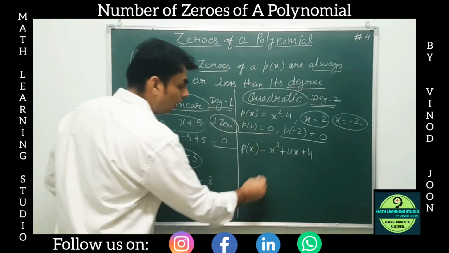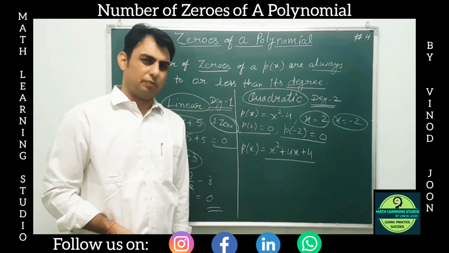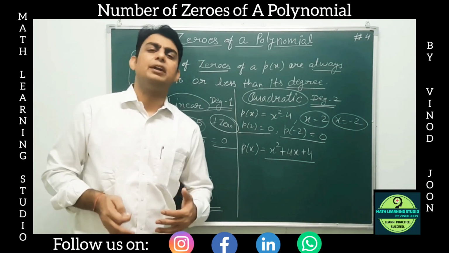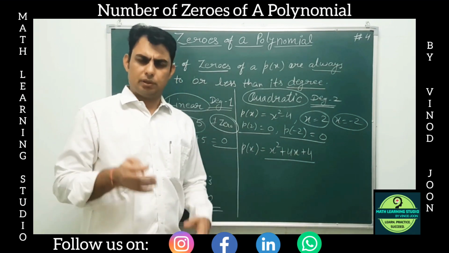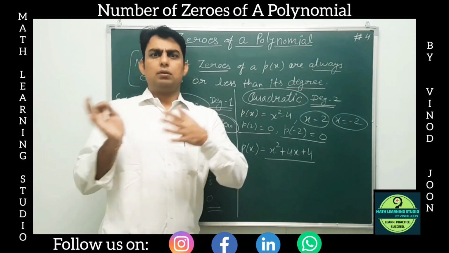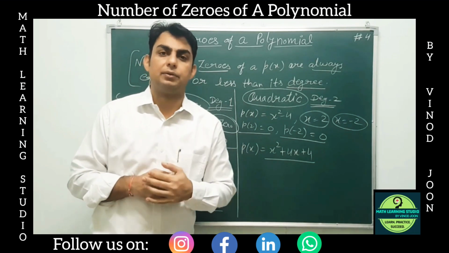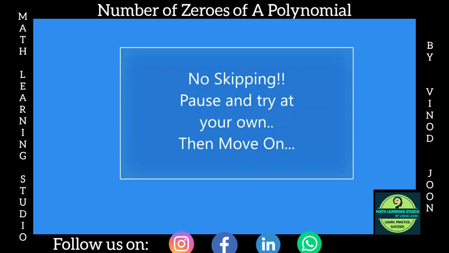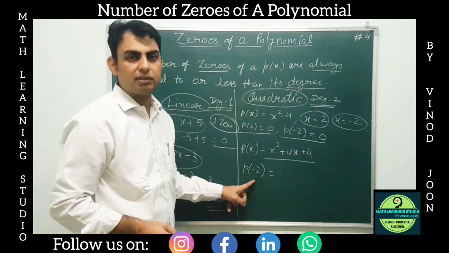Right? We have the second example here. x square plus 4x plus 4. Now again we may want to go back to trial and error method and find out which value of x will make this polynomial equal to 0. You may try to put the values minus 1, plus 1, minus 2, plus 2. Pause the video and try these 4 values and see if you get it or not. Tried? I'm sure you must have got the value which will make this polynomial 0.